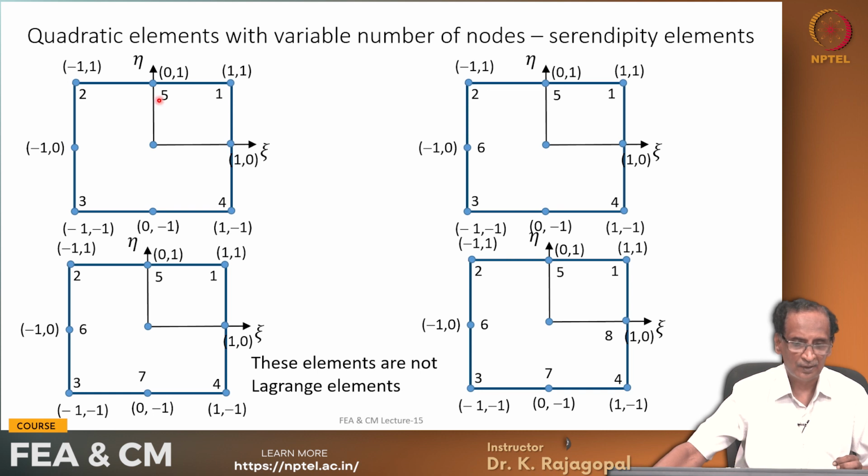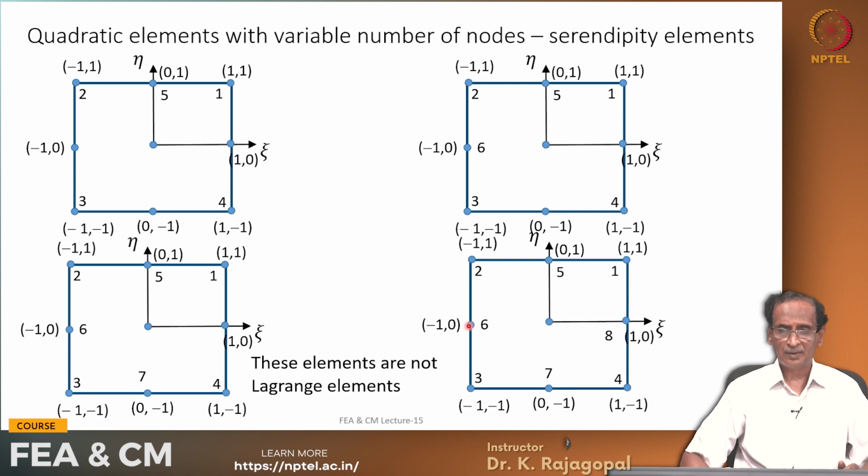So let us say we have a 5th node here, or we can have a 6 node element 1, 2, 3, 4, 5, 6, or a 7 node element, or an 8 node element 5, 6, 7, 8. These are not Lagrange elements, these are called serendipity elements.